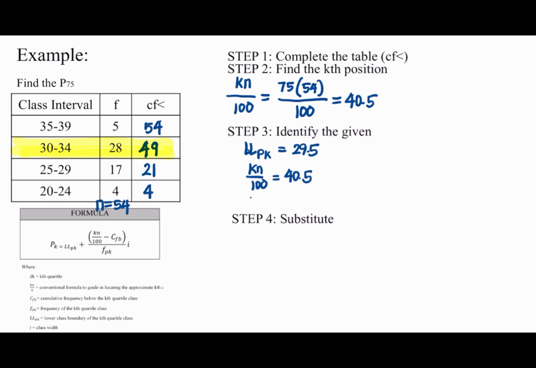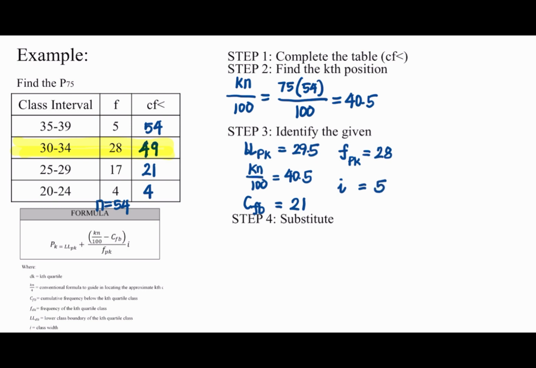While the C sub FB, which is the cumulative frequency less than the kth class, is 21. Next is F sub Pk, which is equal to 28. Class size is 5.